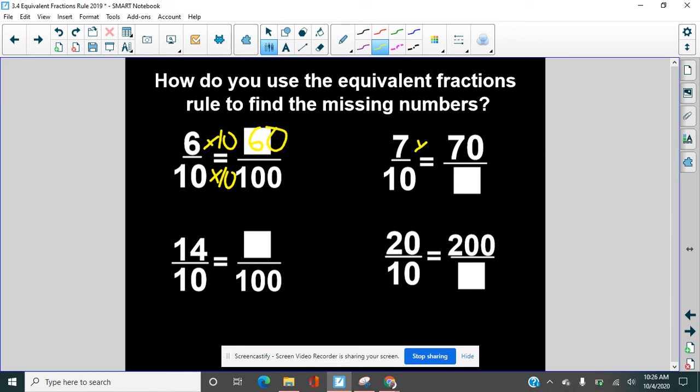Here's another times 10. 7 times 10 equals 70. So times 10, not 100, times 10. I'm sorry, I was already thinking 100 because 10 times 10 equals 100. It would work with the numbers that aren't 10 as well.